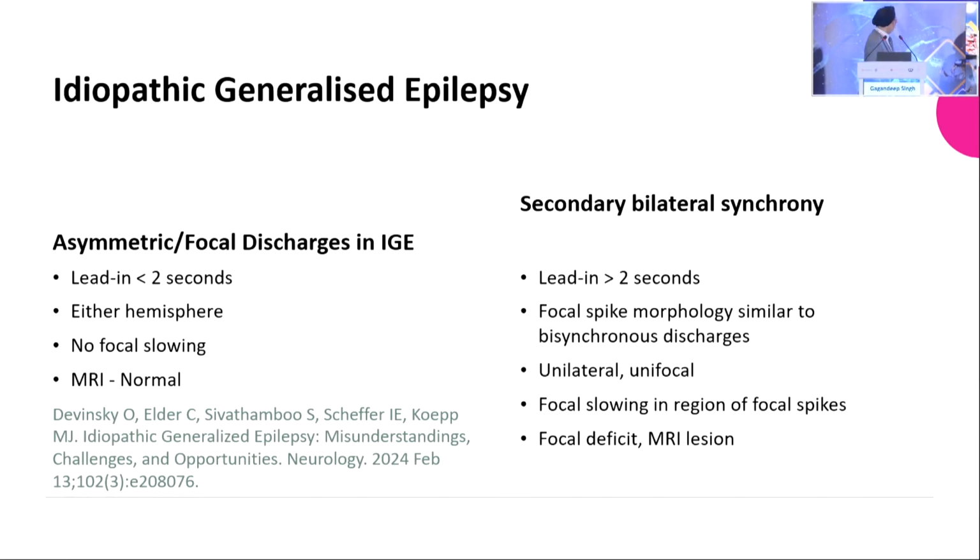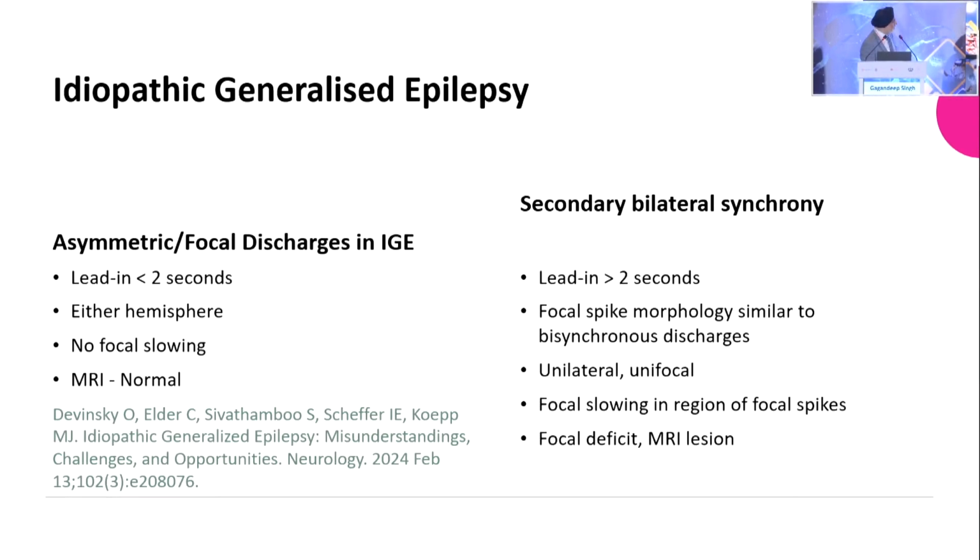The discharges can be asymmetrical, they can be focal. And obviously the differential diagnosis here is secondary bilateral synchrony. And how do you differentiate? You can have a lead-in in both conditions, but in secondary bilateral synchrony, there is a focal lesion, a focal spike, a focal epileptogenic zone, which then generalizes. The lead-in is generally more than 2 seconds.